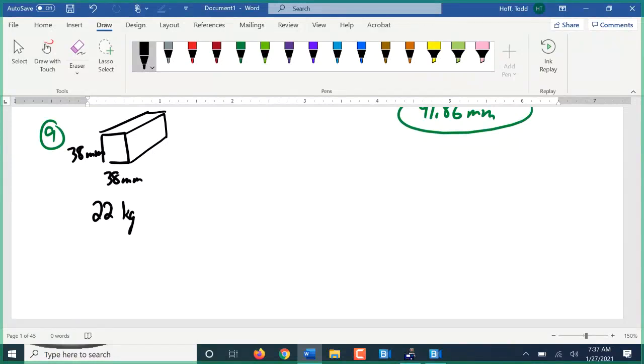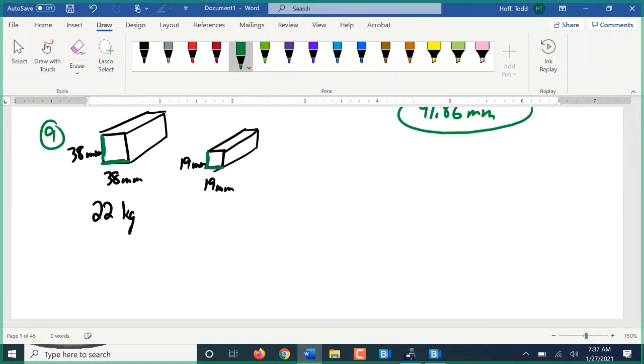What is the mass of another bar the same length? 19. What do you think? Is this a ratio of volumes or a ratio of areas? All three dimensions, or do we just change two? Two. We change the height, or the width, whatever you want to call it, from 38 to 19.